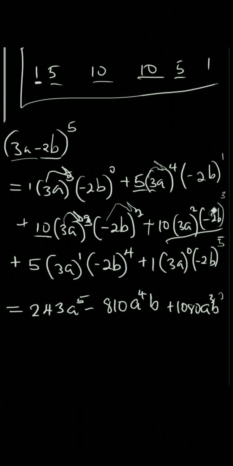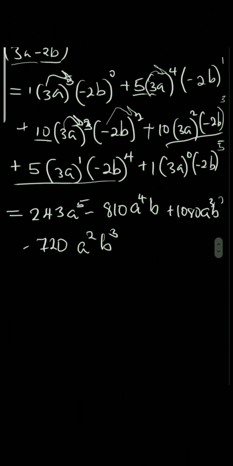Now 90 will multiply with negative 2 to the power 3, which is negative 8. So 90 times negative 8 will give us negative 720. So we get minus 720, and this will be a squared, then times b cubed.